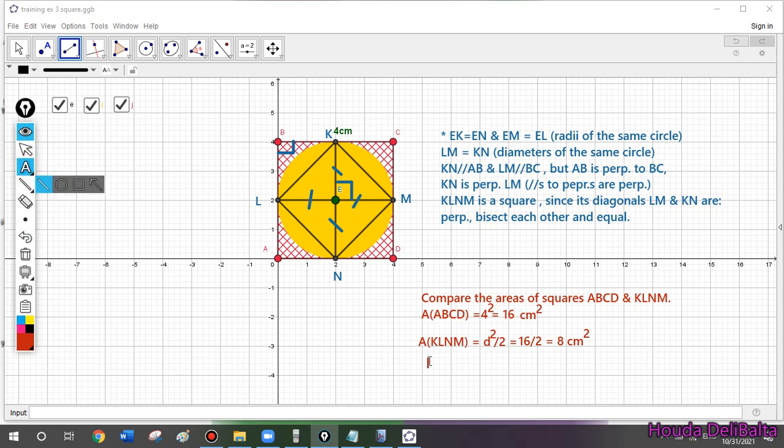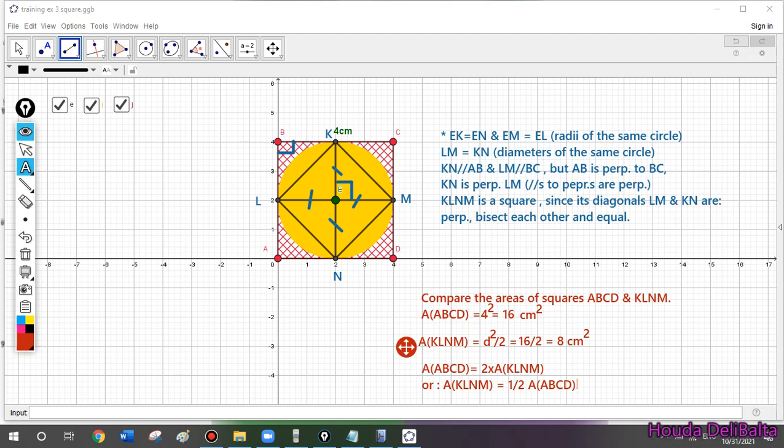So we write the area of ABCD is 2 times the area of KLNM, or we write that the area of KLNM is equal to half that of the area of ABCD. So we can write it both ways.